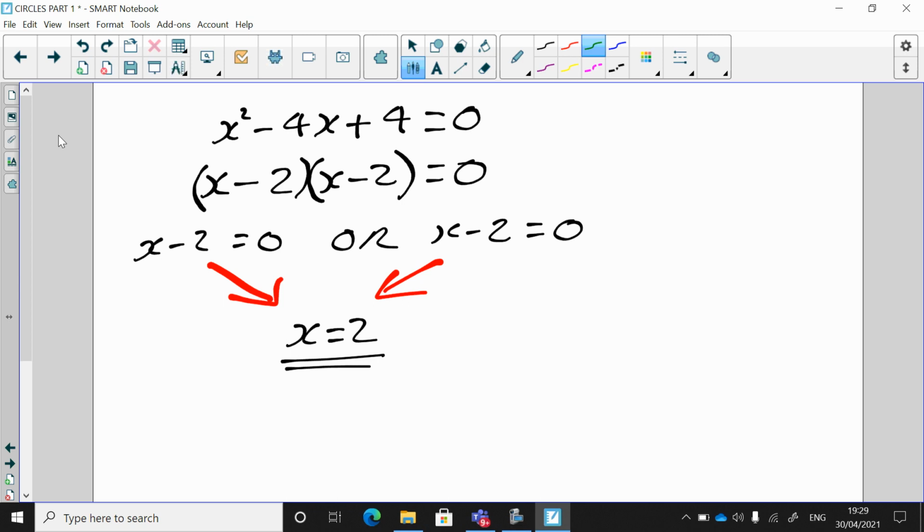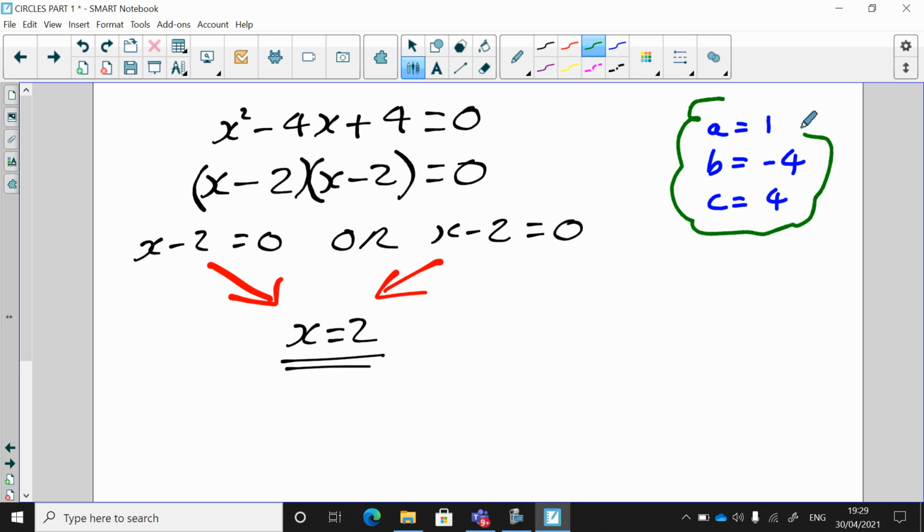If you think you need to, go and look at the discriminant to clarify it for yourself. What's the discriminant?